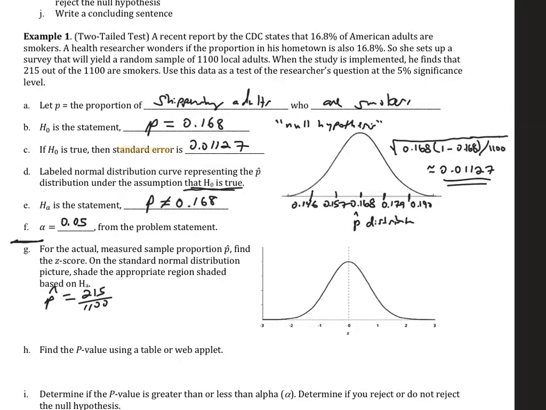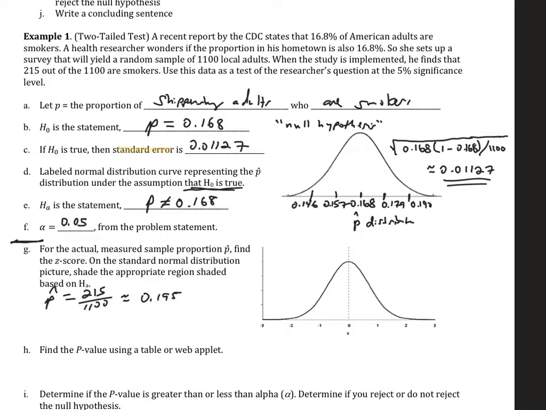That's what happened when I really did go and ask 1,100 Shippensburg residents or adults whether they were smokers or not. I found out that 215 out of 1,100 were, and on my calculator I can find that as about 0.195. Again, 3 decimal places just because I'm comparing it to this number that's already 3 decimal places.